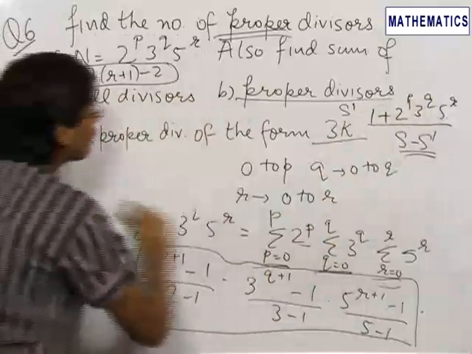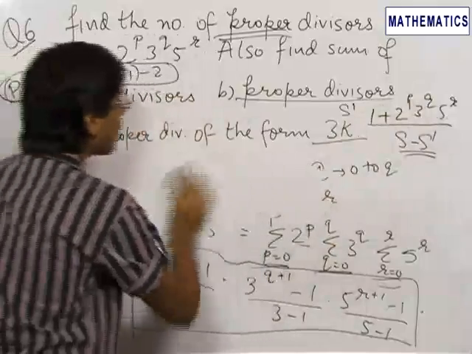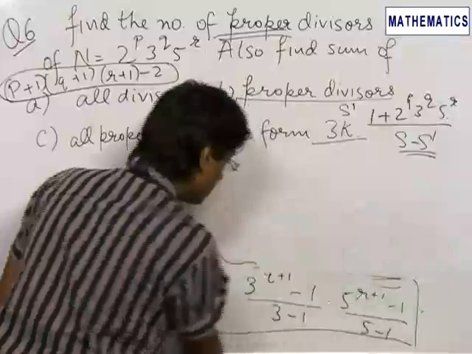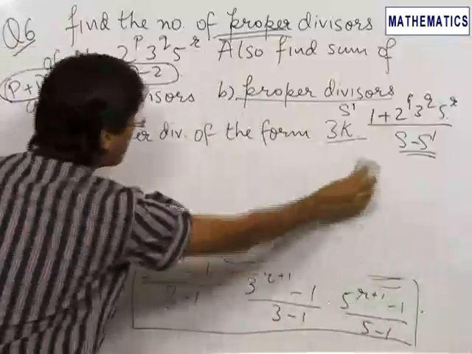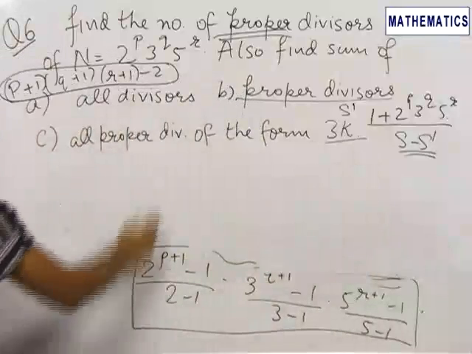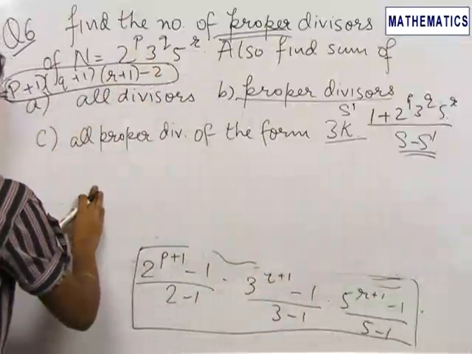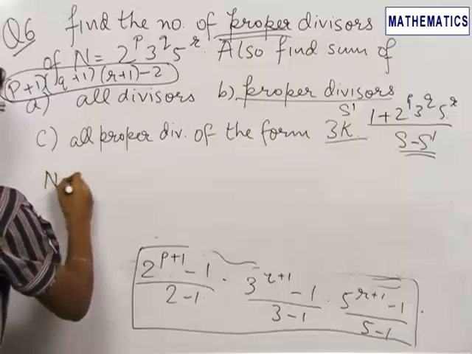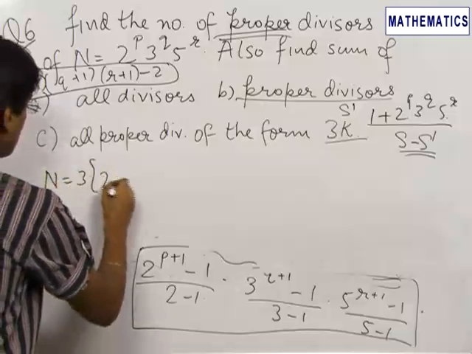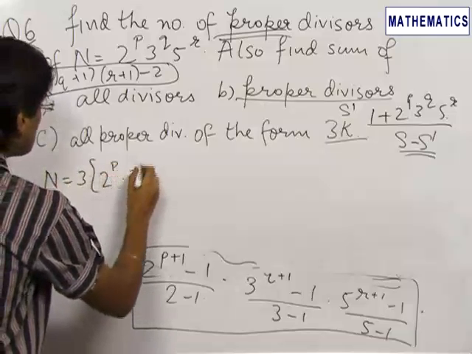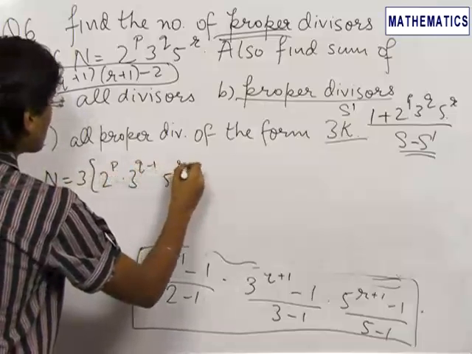Now let us try to find out the sum of all proper divisors of the number which are of the form 3k. So let us convert this number in the form of 3 into k. This n can be written as 3 into 2 power p, 3 power q minus 1, 5 power r.